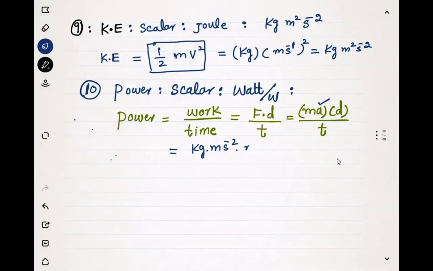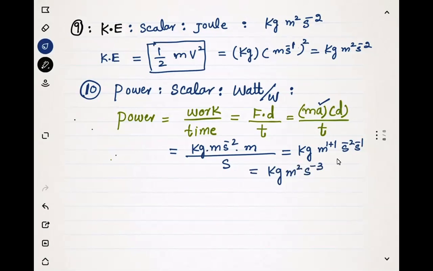For distance, it is meter, and for time, it is second. Finally, it would become kilogram meter power 1 plus 1, second power minus 2, second power minus 1. So finally, it is kilogram meter square second power minus 3. So this is for power.